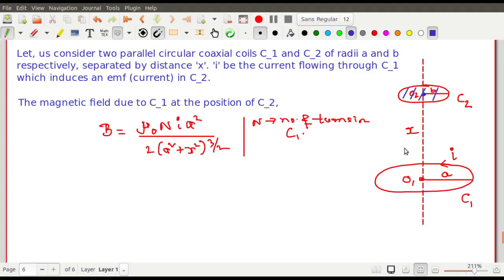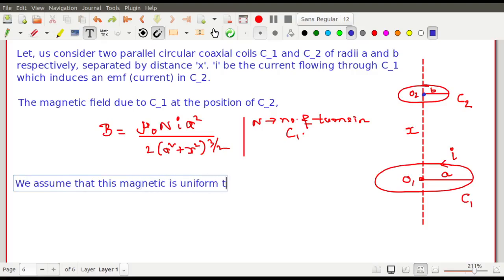But yet I will take the magnetic field over the entire cross section to be this B. This much sacrifice we have to make.